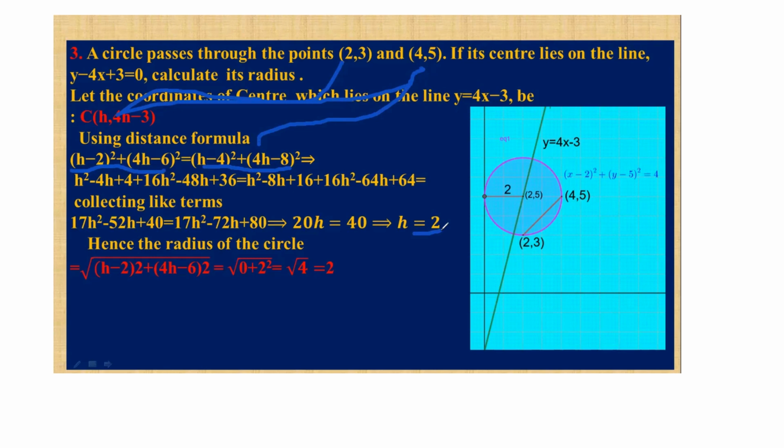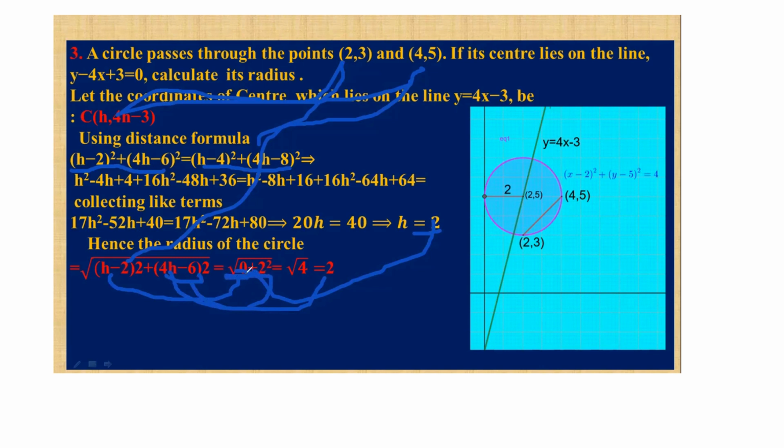Now, to calculate the radius of the circle using the distance formula, substituting h equals 2: the center is (2, 4h minus 3), which is 8 minus 3, which is 5.